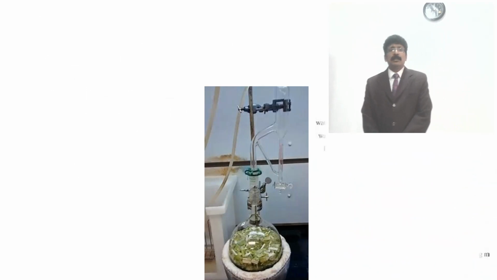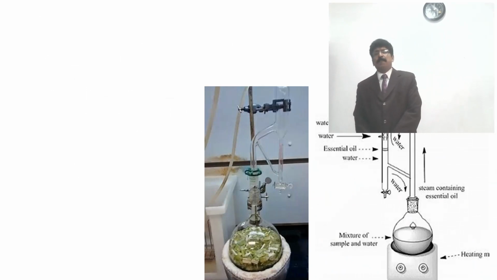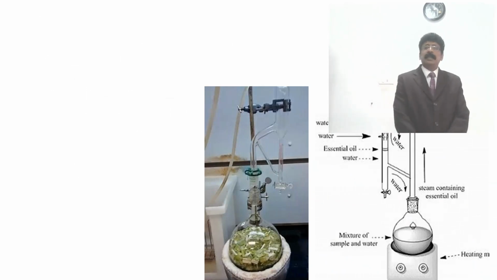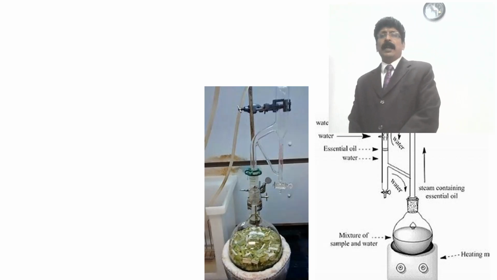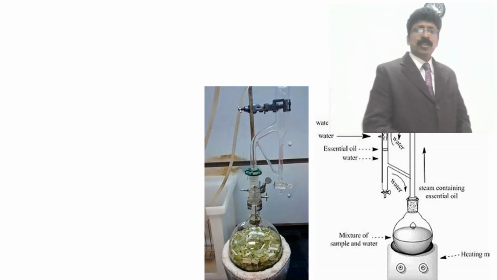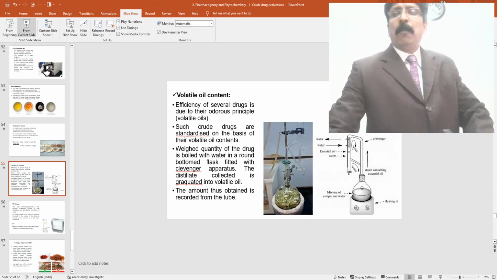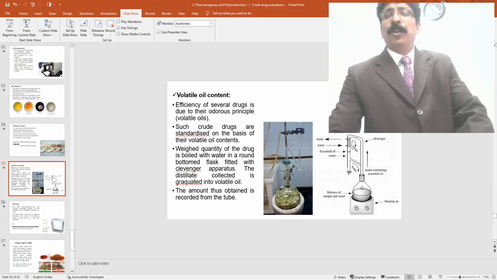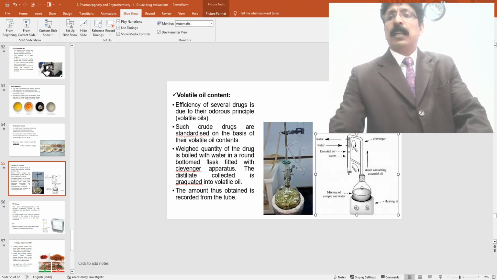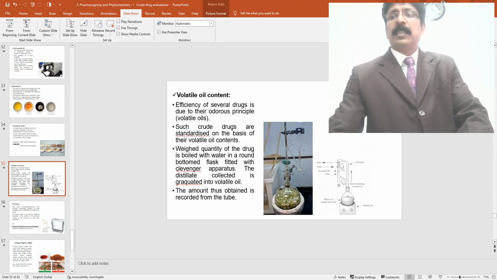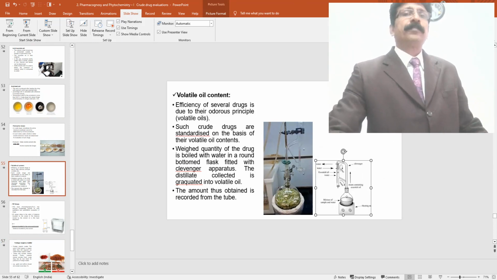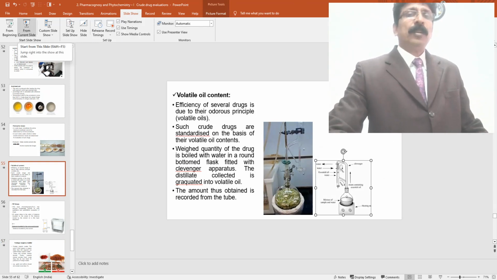Then this is an instrument which is very important to know about, the Clevenger apparatus. You can see in our lab also we are showing this for you, similar to the apparatus we have studied in extraction methods.